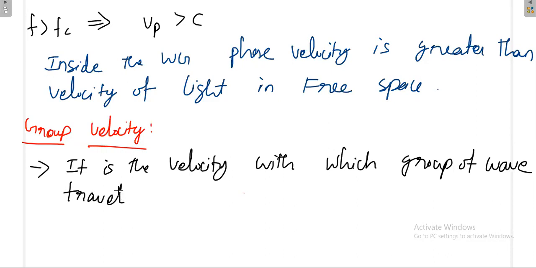One frequency may go at a faster rate, but in general the velocity will reduce, because as a group it is going.